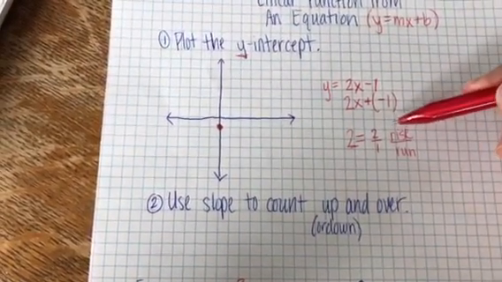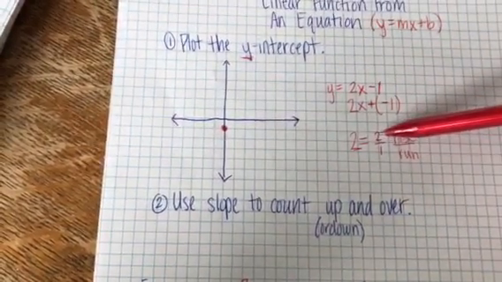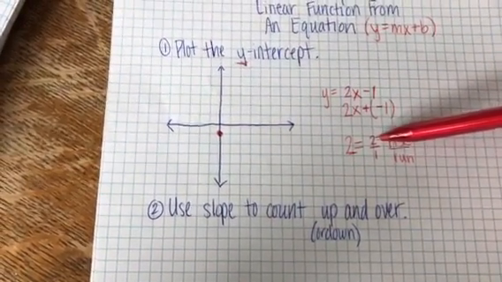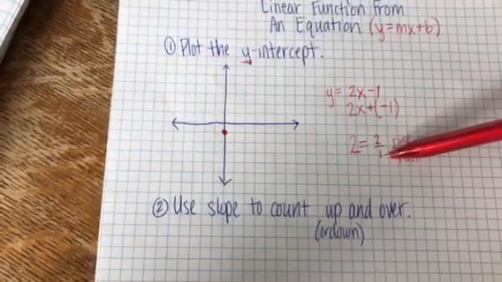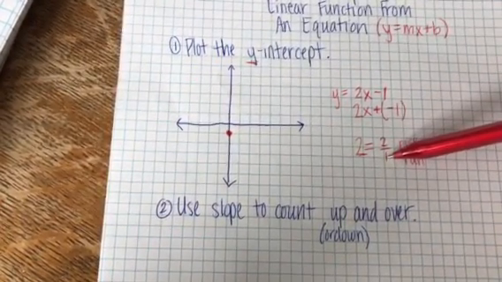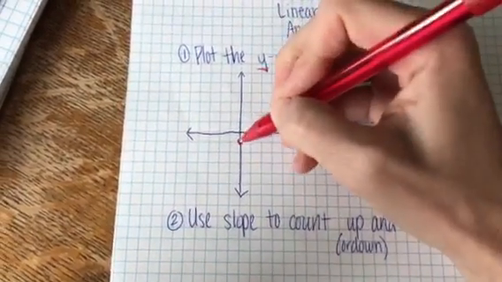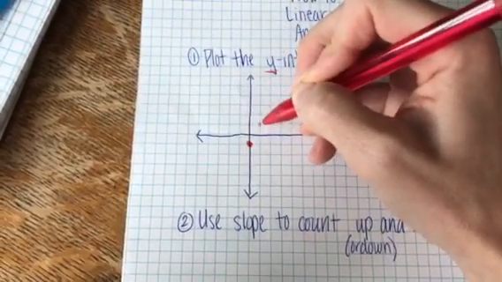So this is going to tell you to go from your y-intercept, count up 2 because that's our rise number, and then count over 1 in a positive direction. We're going up because 2 is positive. We're going over to the right in a positive direction because 1 is positive. So I'll count up 2 and over 1.